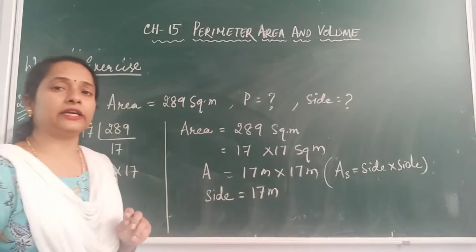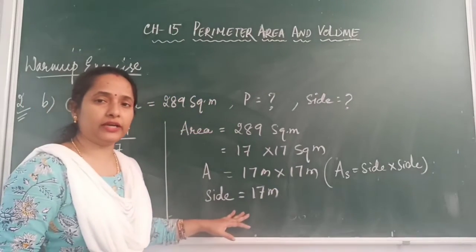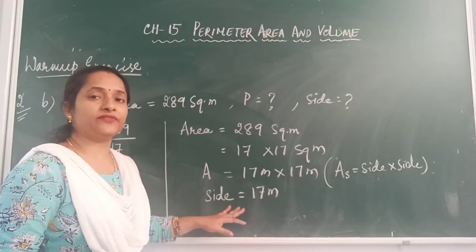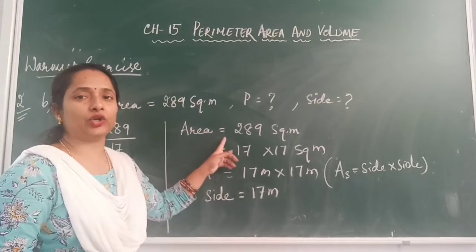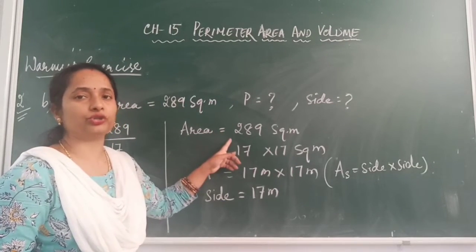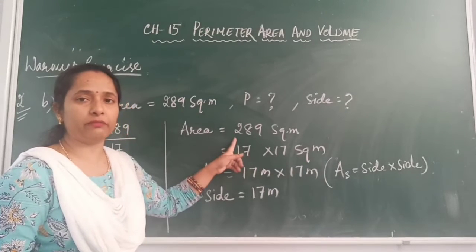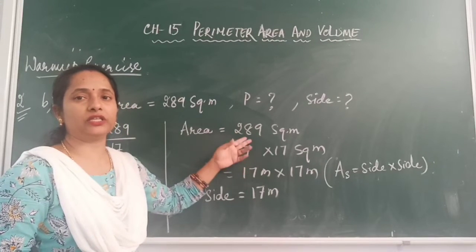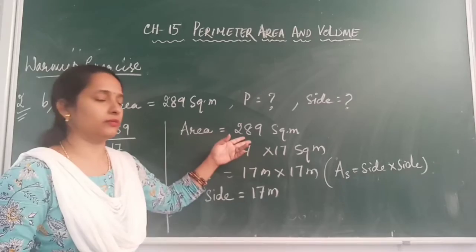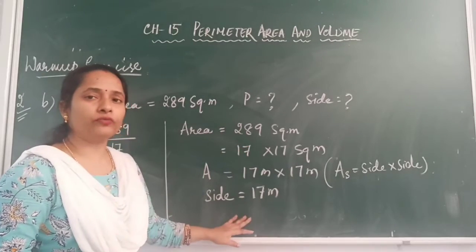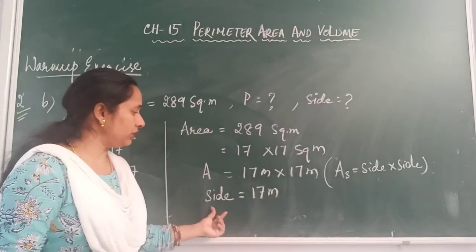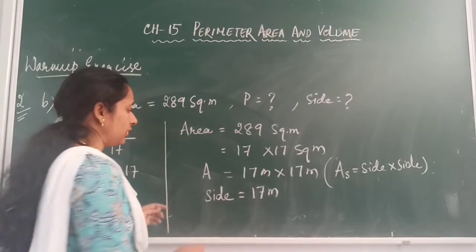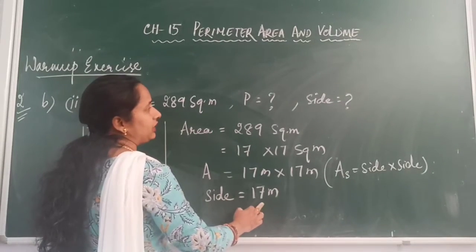There is another and easiest way to find the length of the side, that is finding square root. As the concept of square root is not introduced to you, I am not going for that method. By division method we can easily find the square root of any given number, but let us not go for that concept. So here side is 17 meters.